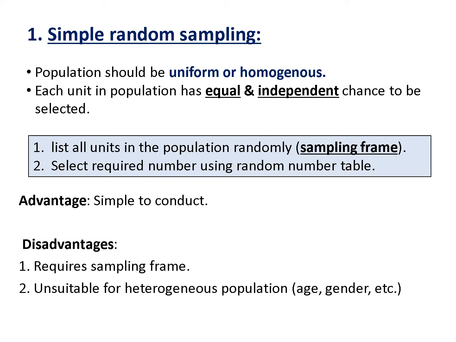Then we select the required number using the random number table. The advantage of this sampling technique is that it is simple to conduct, but the disadvantage is that it requires a sampling frame, so we have to know the whole population to be studied, and it is unsuitable for a heterogeneous population, heterogeneous for age, gender. That's why we have to do them in the form of strata, as we will mention later.